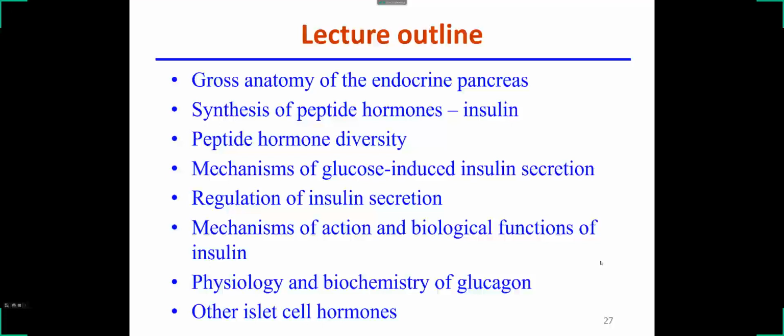So we've talked about the hook of the pancreas and what it looks like. We've talked about the different cells within the pancreas. We've talked about the different hormones produced by those cells.